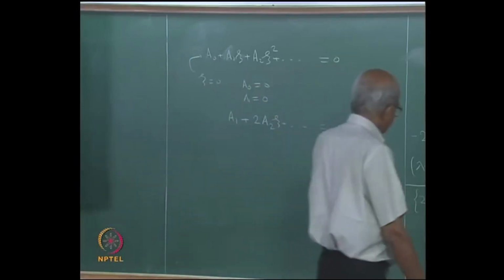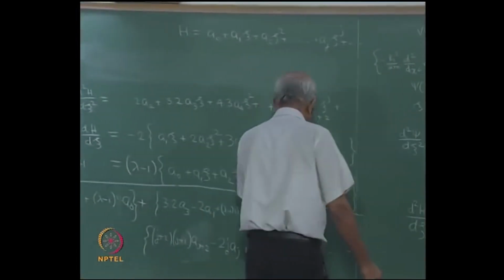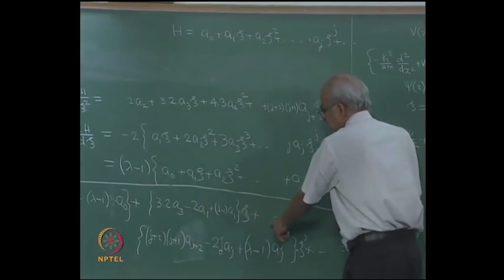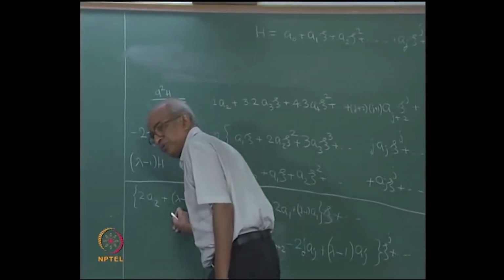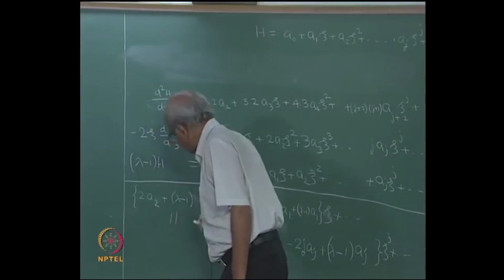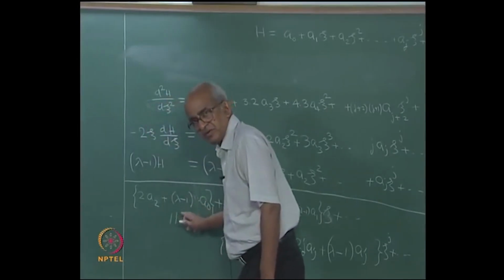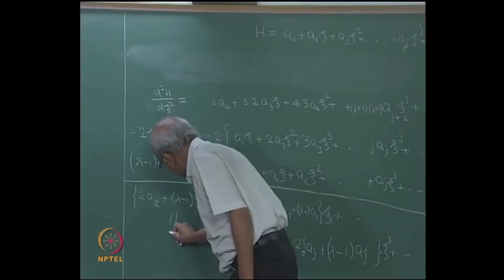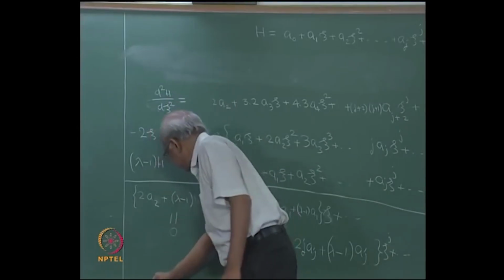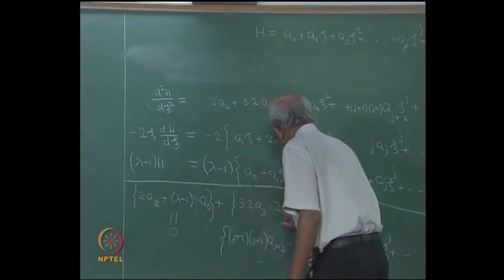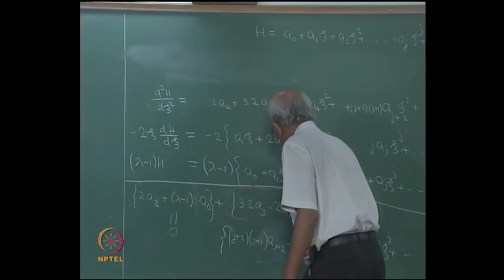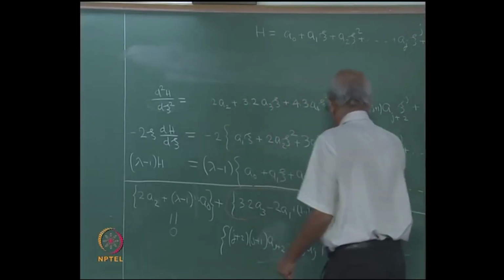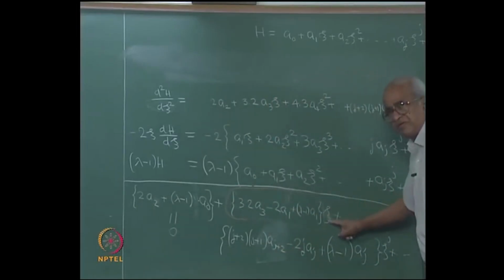So, if this equation that we have here is to be satisfied, then this, which is the coefficient of c to the power of 0, has to be equal to 0. Not only that, this also has to be equal to 0. For each power of c, the coefficient has to be equal to 0.